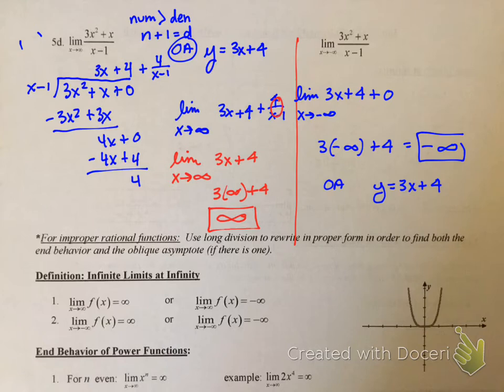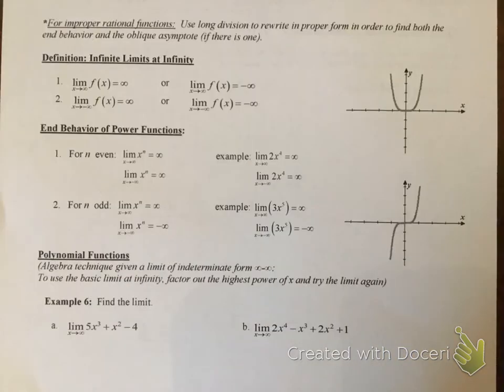So now we need to read where it says the end behavior of power functions. So the end behavior of power functions, when n is even, so if I have x raised to an even power, and I'm taking as x is approaching infinity, it's going to be infinity. An example of this is 2x to the fourth. If I plug in infinity, remember infinity is to the fourth power, so it stays positive.